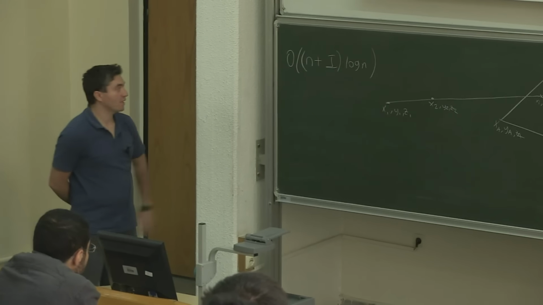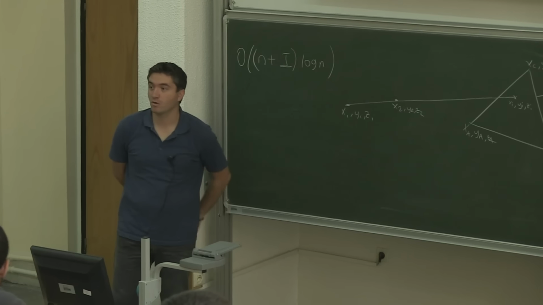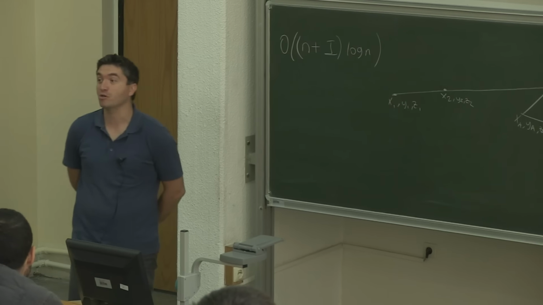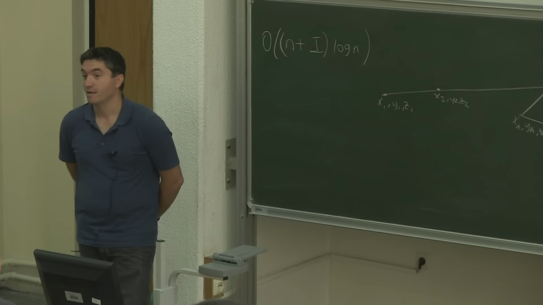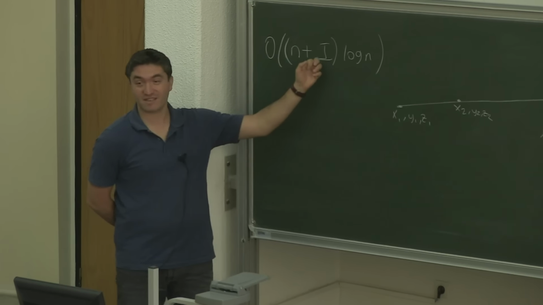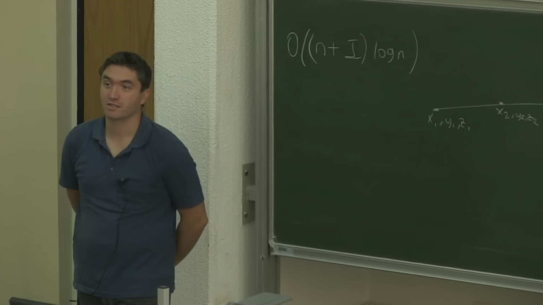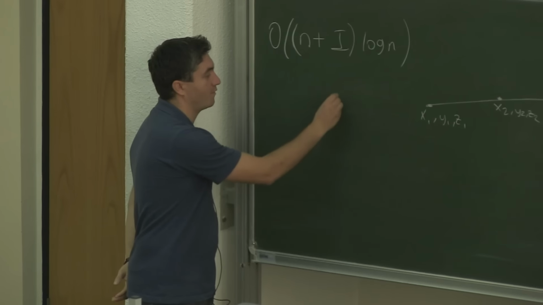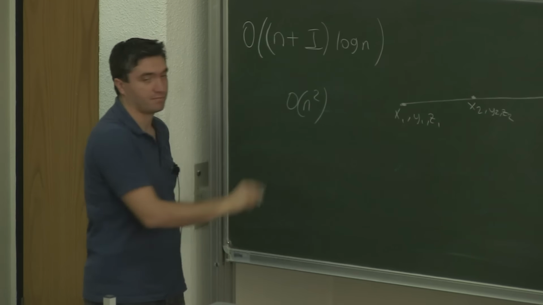Such a time complexity is called output sensitive, or this is an output sensitive algorithm. The number of intersections I between line segments can be of order n squared at most.